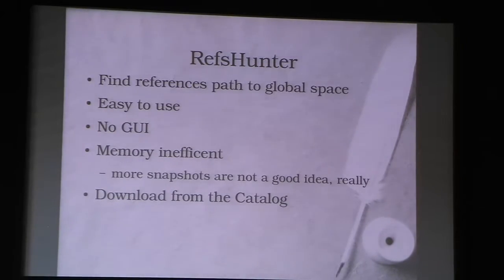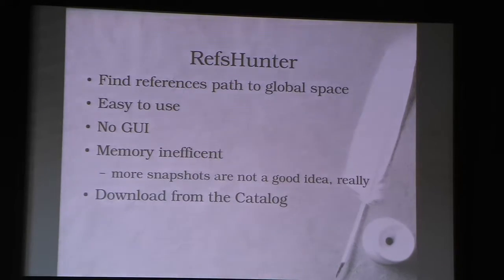So, as I said, it finds reference paths to global space, and it's quite easy to use because it has only one useful message, and it has no GUI. It's not a fancy tool, and it's also very memory inefficient, because if you create the snapshot, of course, the snapshot of your object memory is in your object memory.